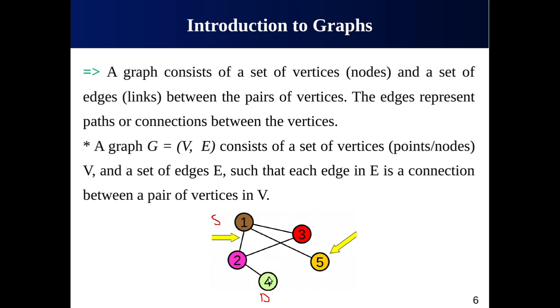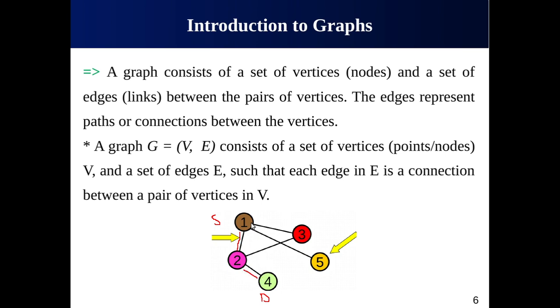Suppose we want to reach the destination. Different options are available. You can reach 4 by following this path. I use the word path. First, I need to go to node number 2, and then from there, I can reach 4. This is one path.